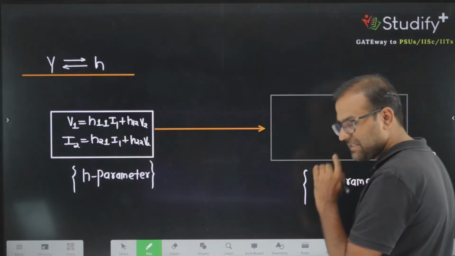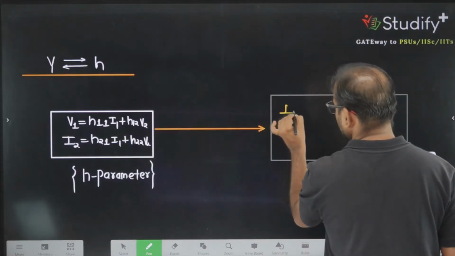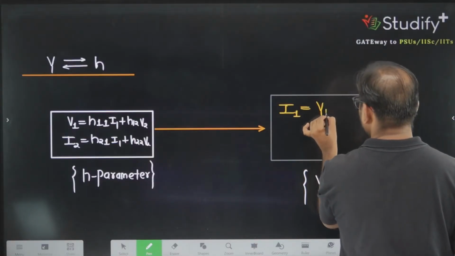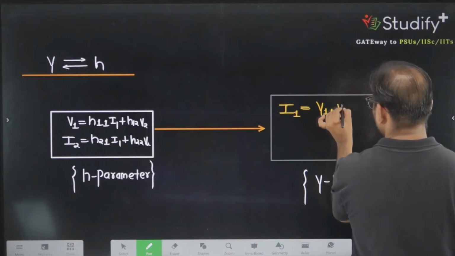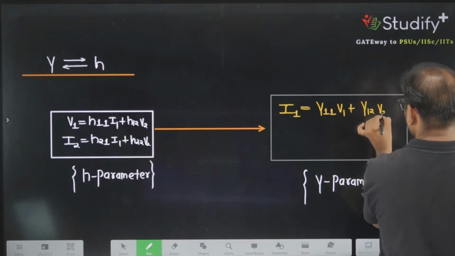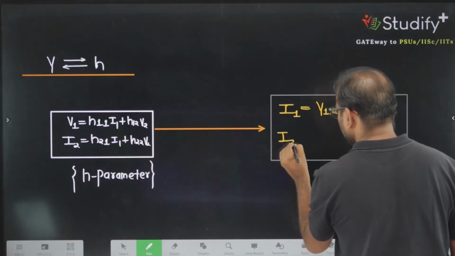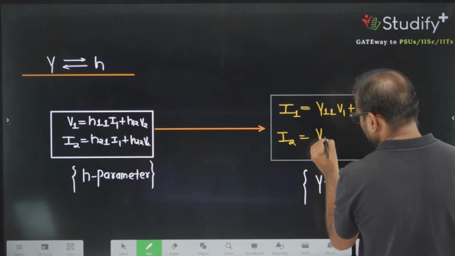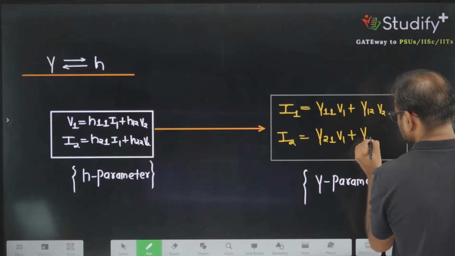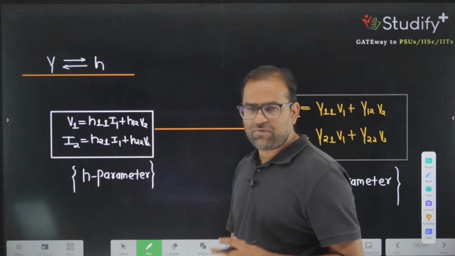Suppose we want to convert this into y parameter, and what I can say here, the y parameter is I1 is equivalent to y11 V1 plus y12 V2, and I2 is equivalent to y21 V1 plus y22 V2. This is y parameter.